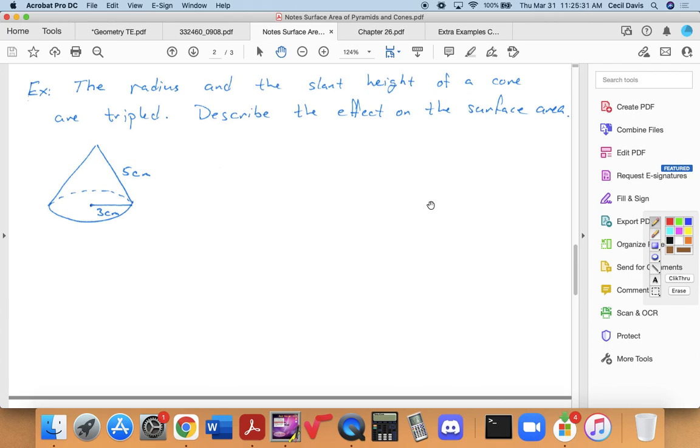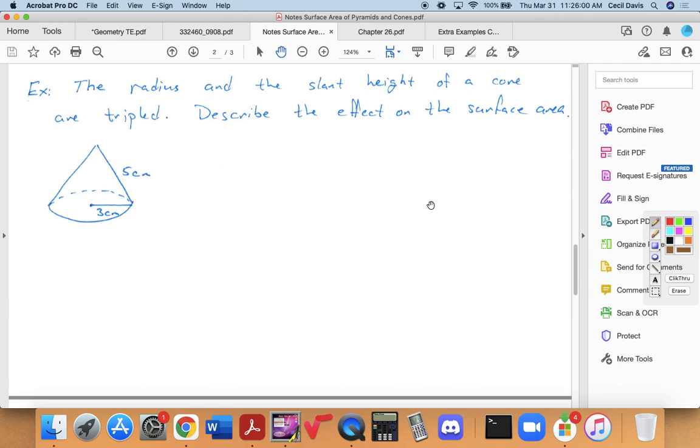So I'm going to cut to the chase on this one and show you that there's a really fast way to do it as opposed to having to go through a lot of steps. Okay, so area is what kind of units? Square units. If I triple all of the units, what do you think I will do to the square units?